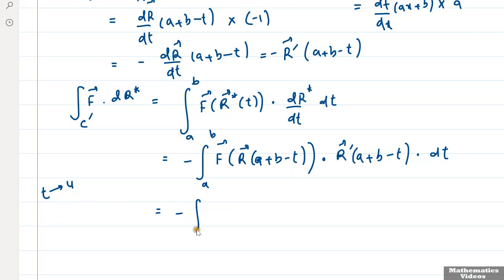So the lower limit of integration is a and the upper limit of integration is b. The integrand becomes f of r of a plus b minus u dot product with r prime of a plus b minus u. Since we have put t equal to u, it means that dt is equal to du.